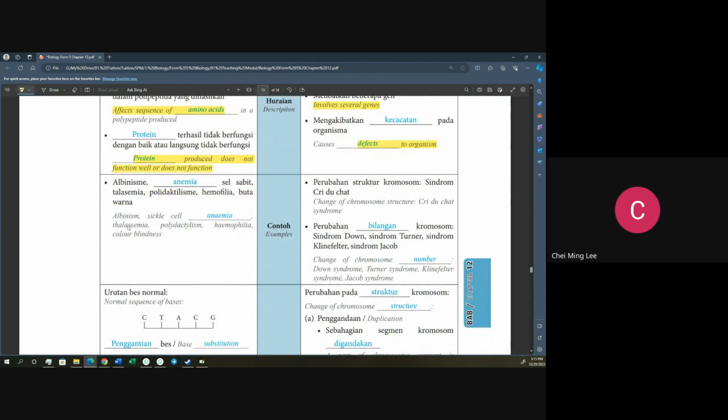For examples of gene mutation, we have albinism, sickle cell anemia, thalassemia, polydactylism, hemophilia, and color blindness.